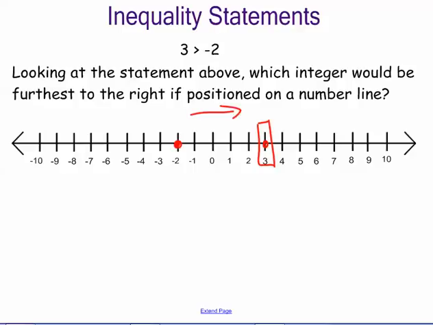Remember, the numbers furthest to the right are the greater numbers. You can also say negative 2, because it's to the left, is less than 3. Okay?